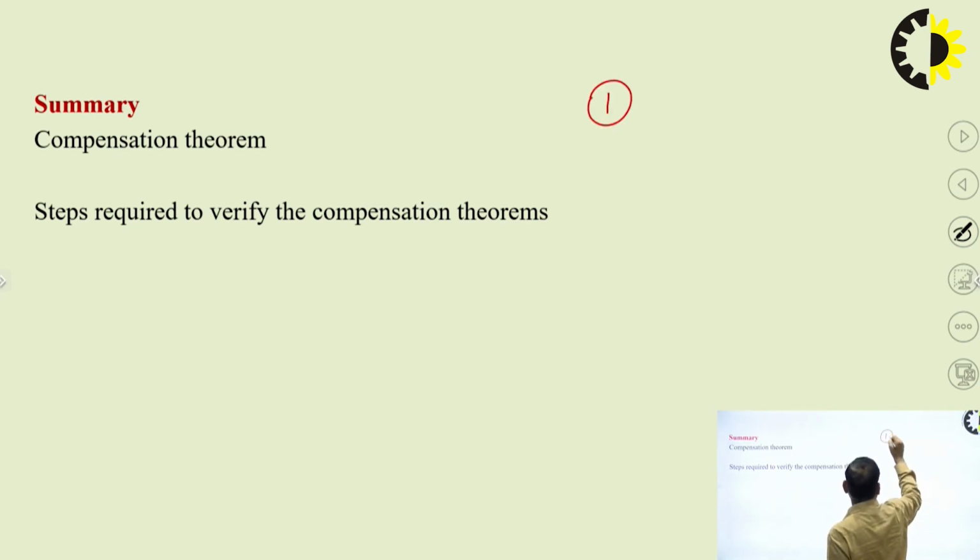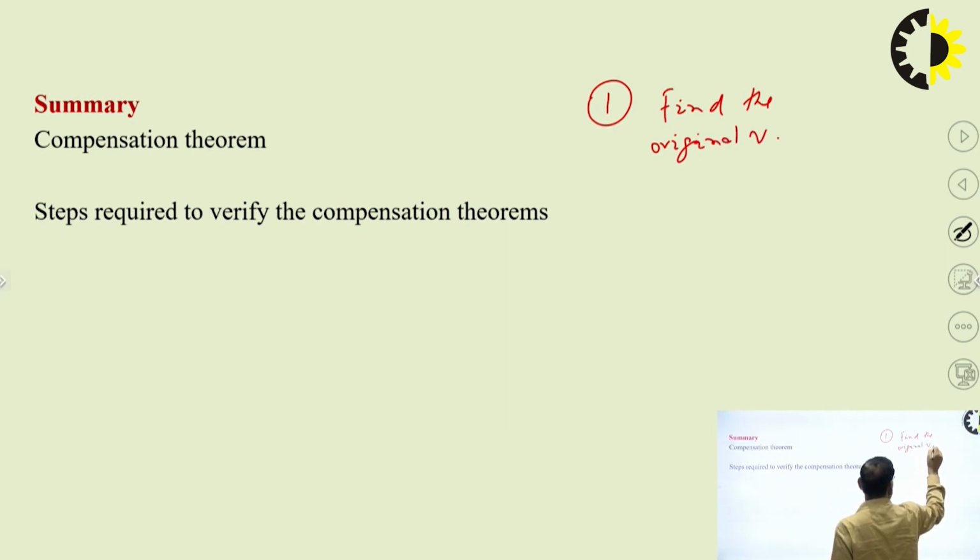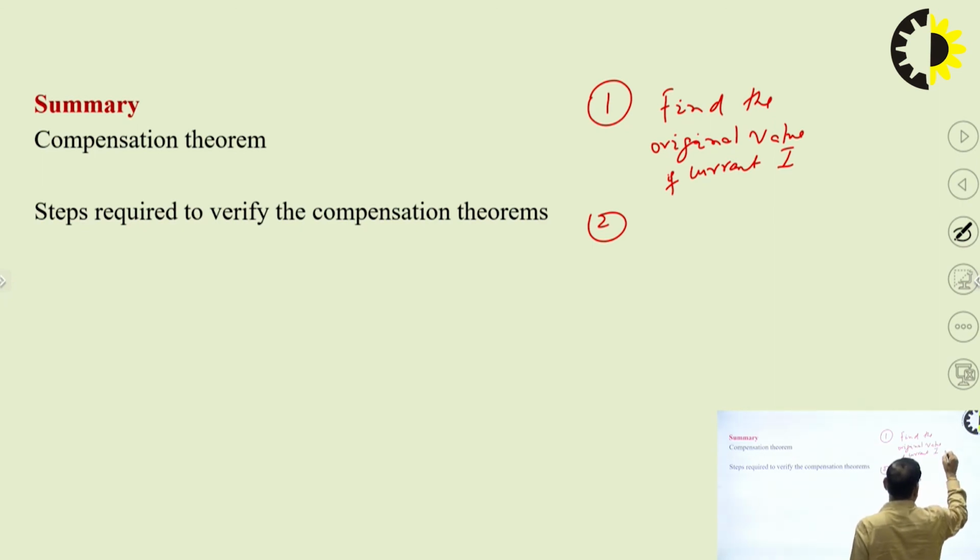Step 1, we first find the original value of current, say this is I, the original value of the current in the given network. That is the first step.